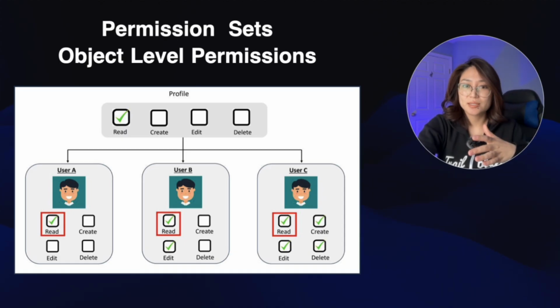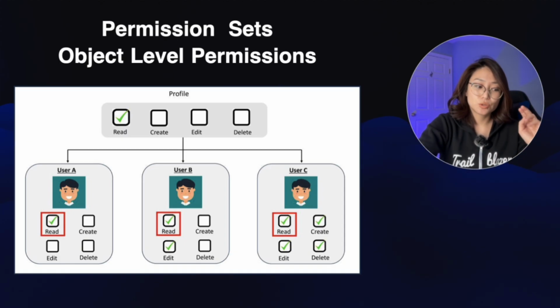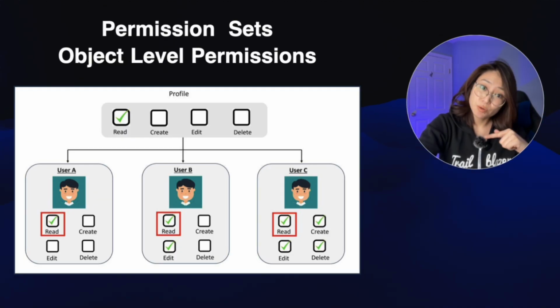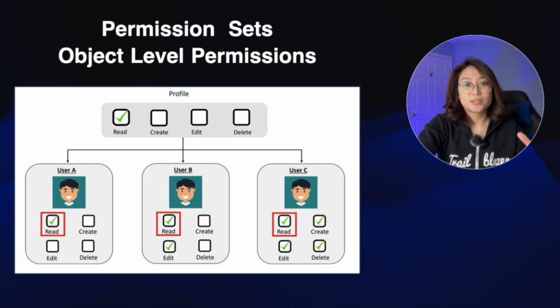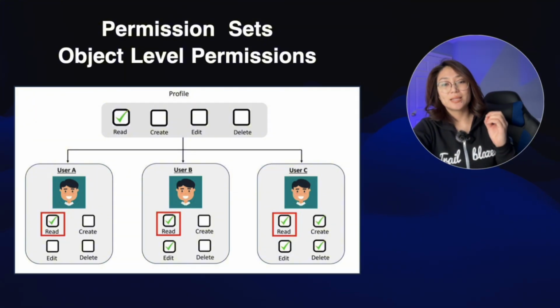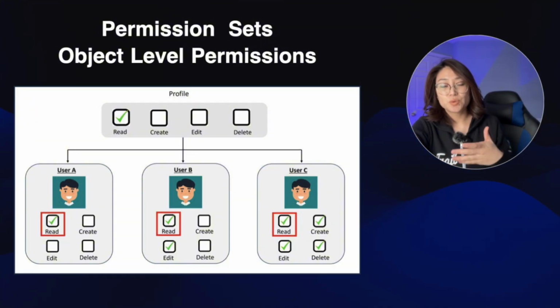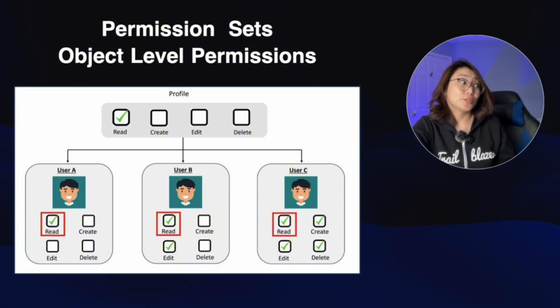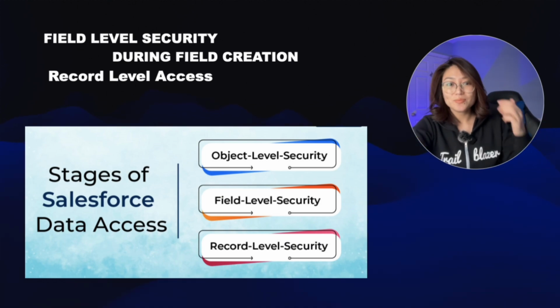But object access alone is not enough, because even if two users can access the same object, they don't necessarily need to see the same fields. That's where field level security comes in, right?